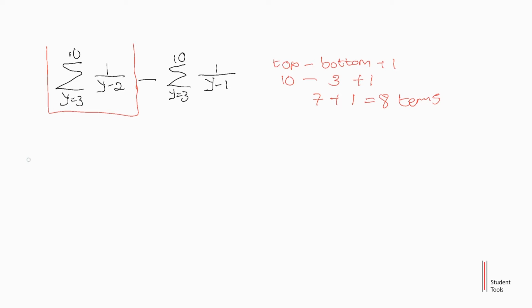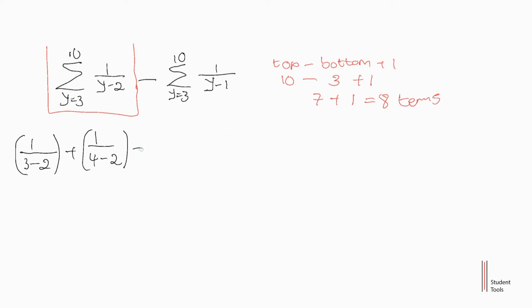So for the first term, where y is equal to 3, we will have 1 over 3 minus 2, plus 1 over, for the second term, 4 minus 2. We will do this up to 10.